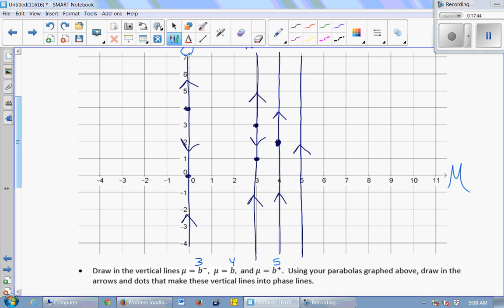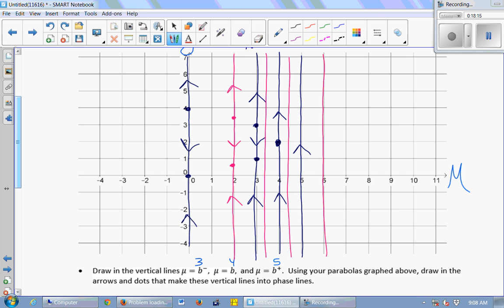So if I draw in some more vertical lines between the ones that already exist, I don't have to calculate exactly, but I know that anything before 3 is going to have two equilibrium solutions, and they're going to get further and further apart as the parabola moves down, and it's going to go positive, negative, positive.